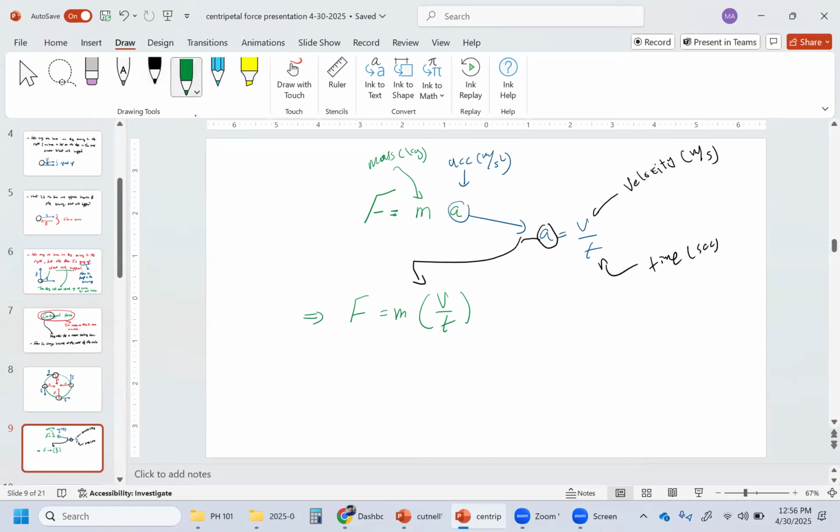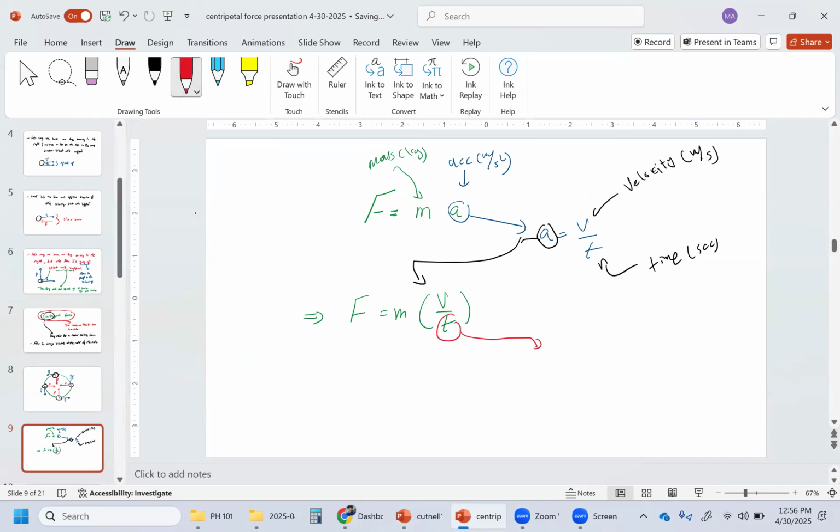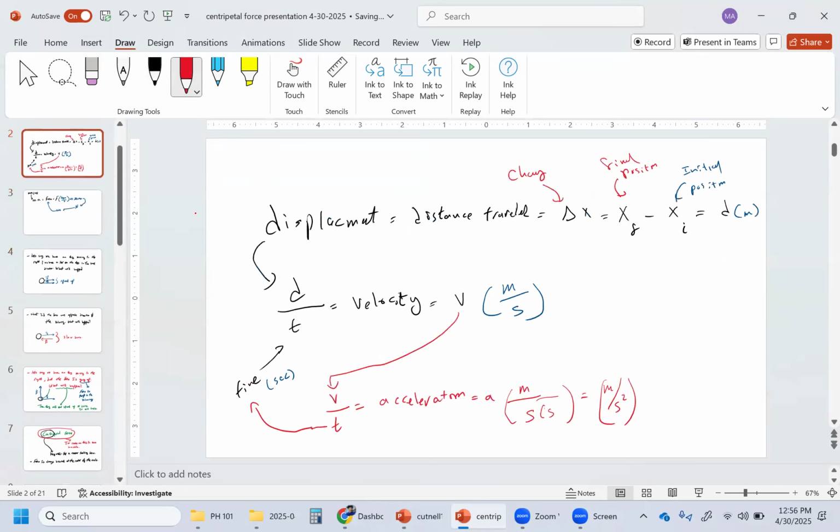But what is time? What does the time equal for an object that is moving? Well, we defined the velocity as distance over time, which means in this case that the time is going to equal your distance over velocity.